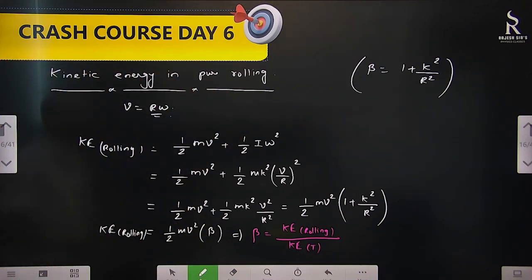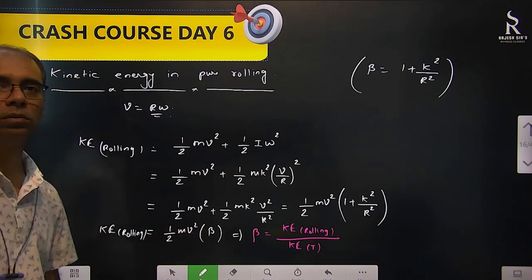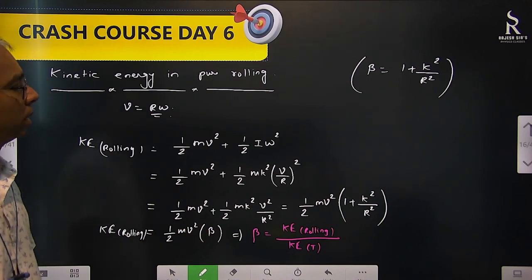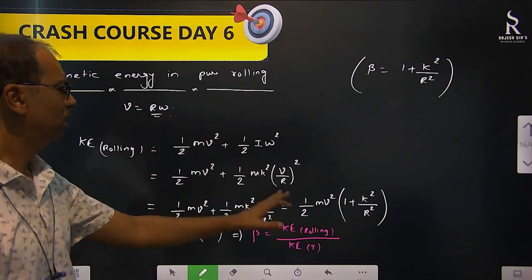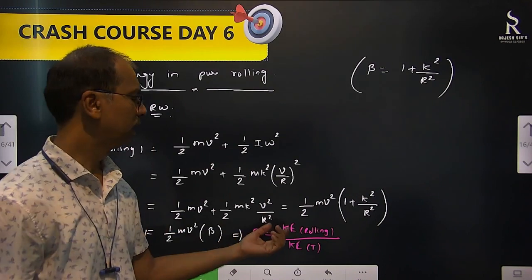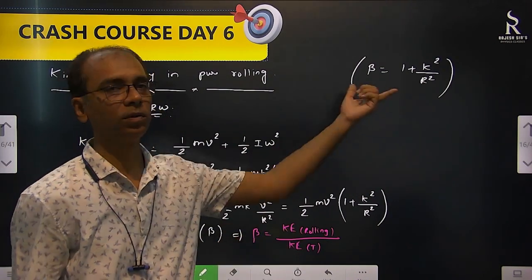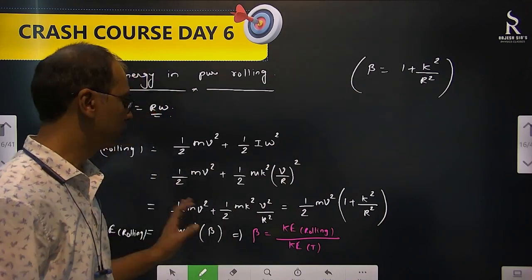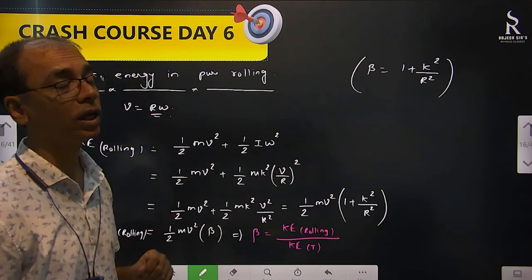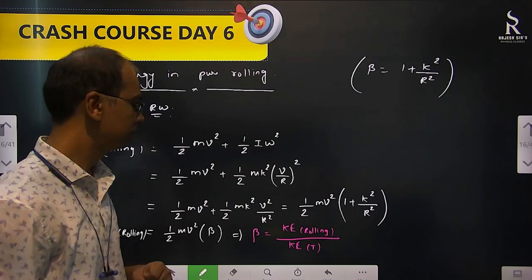Kinetic energy of rolling by kinetic energy of translation is the beta value. Clear? Now, the general relation: sometimes when they ask you kinetic energy of rolling by kinetic energy of translation, they are asking you beta. Directly you can say 1 plus k square by r square. You don't have to calculate anything. But before that, what is k? What is radius of gyration?